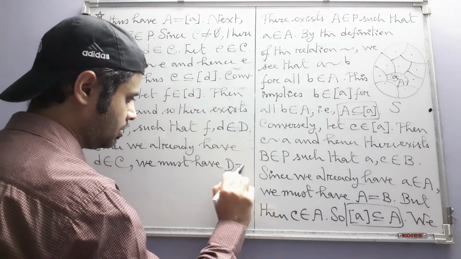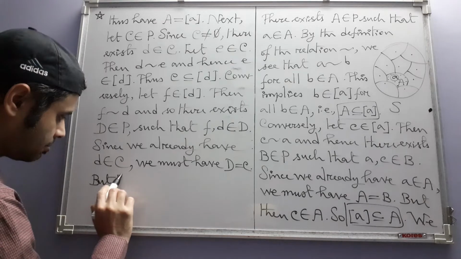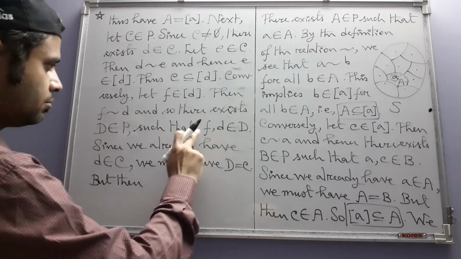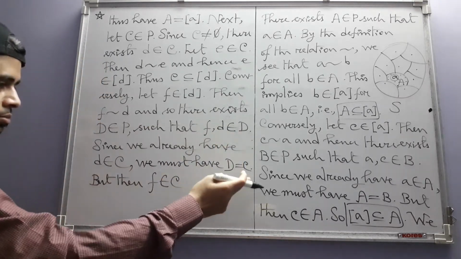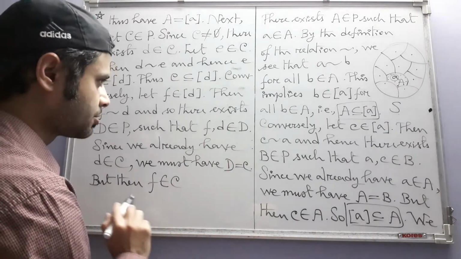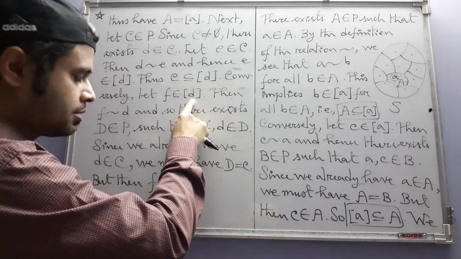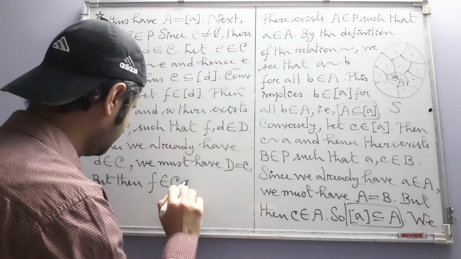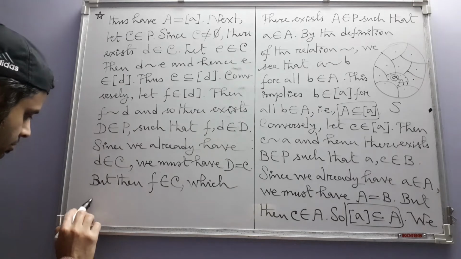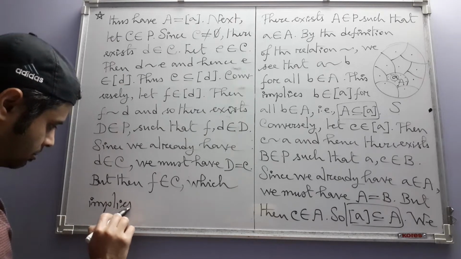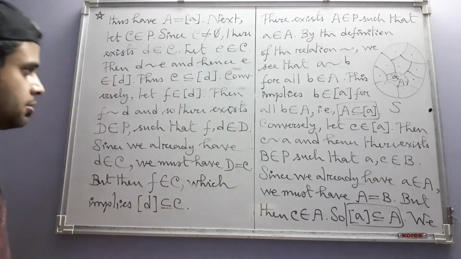We must have D equal to C. But then F belongs to C. F is in D, so now because of this equality, F belongs to C. So F was chosen to be any element here in this class. We have now shown that F belongs to C, which implies that this is contained in C.